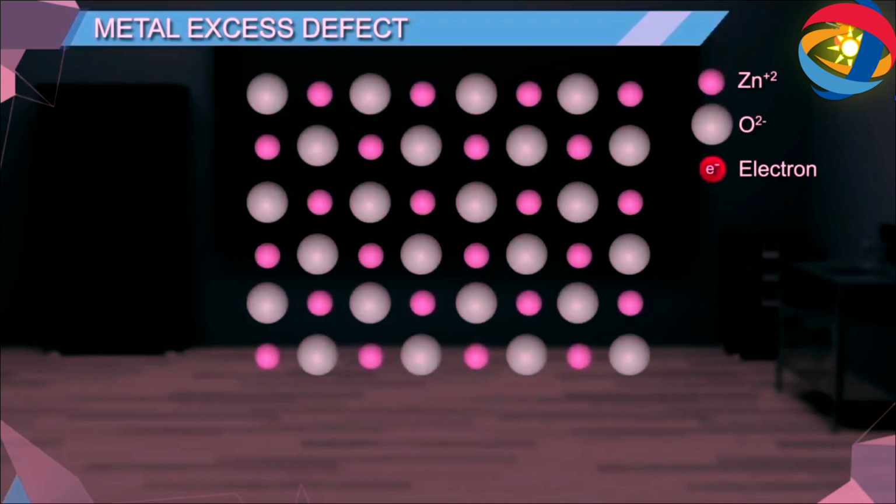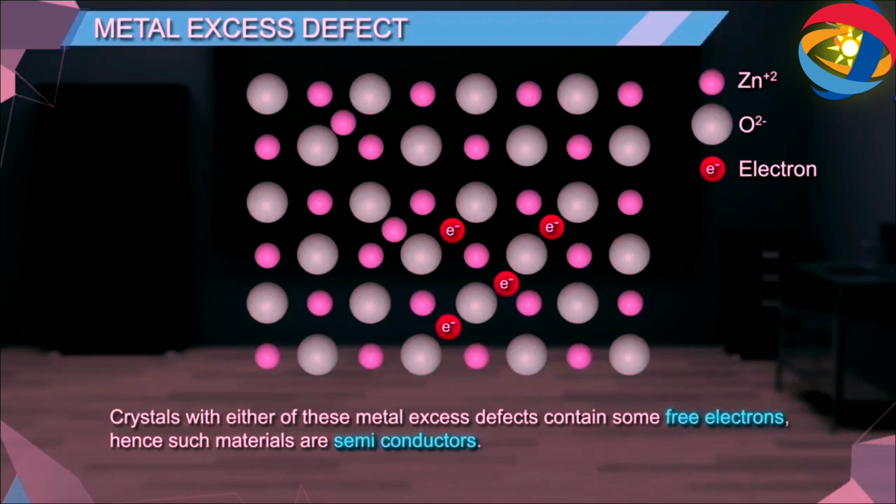The excess Zn2+ ions get trapped in the interstitial sites and the released electrons get trapped in neighboring interstitial sites and maintain electrical neutrality. Crystals with either of these metal excess defects contain some free electrons, hence such materials are semiconductors.